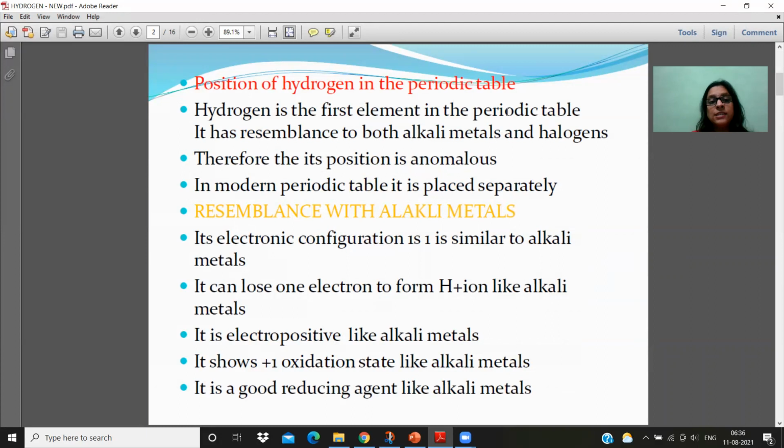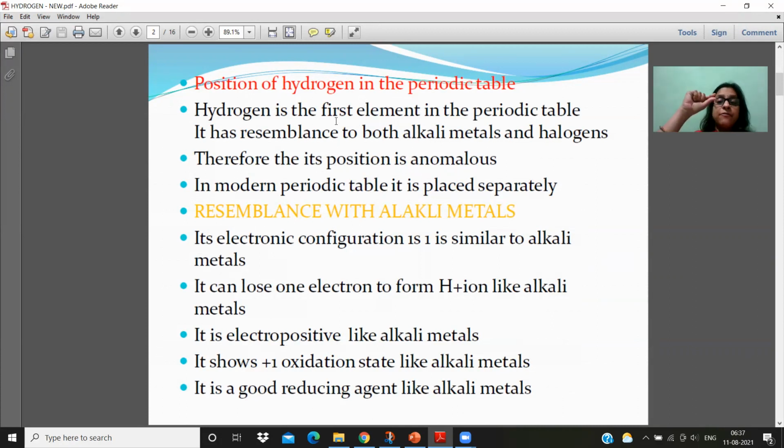So let's start. First of all, today we are going to discuss its position and its occurrence, as well as its isotopes. So position की अगर हम बात करते हैं, तो as I have already told you, इसकी position Mendeleev के अंदर बहुत contradictory रही थी, but in the modern periodic table it comes in the middle of the periodic table.